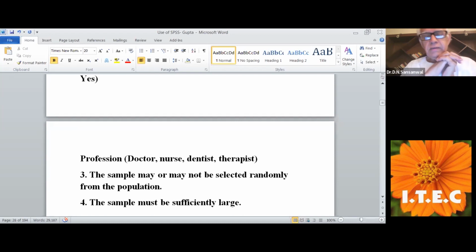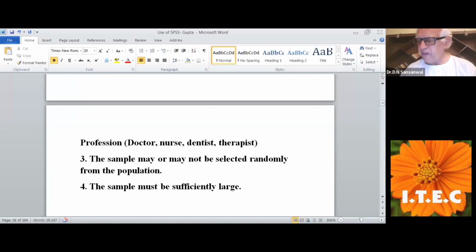Now, these are some of the assumptions which, if your data fulfills, then you can use the Cochran's Q test. Let us take one title.